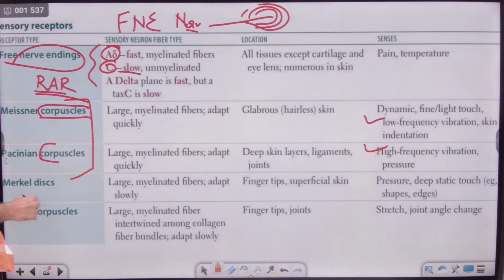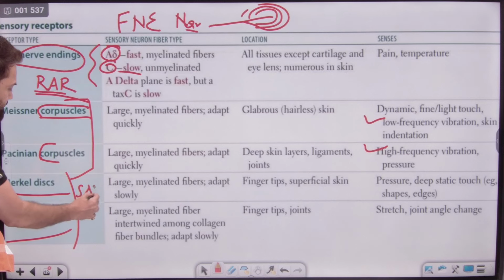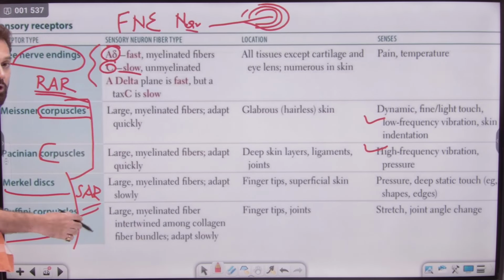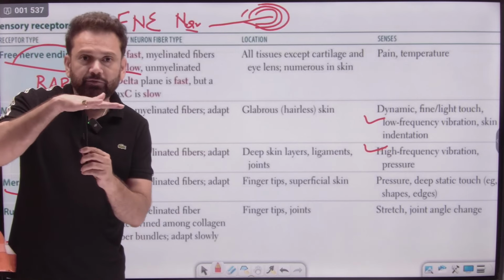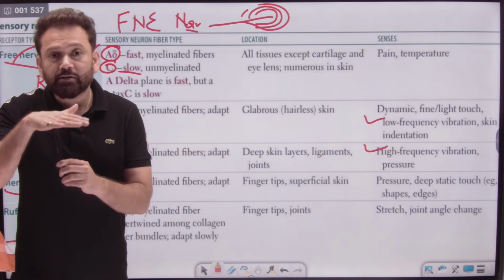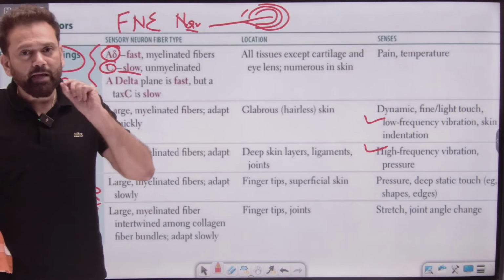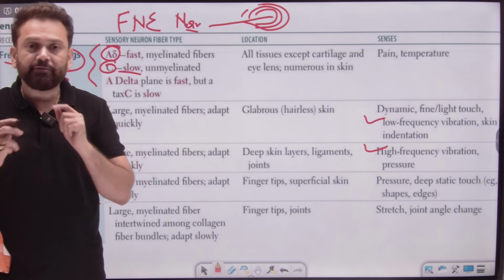Now Merkel disc and Ruffini corpuscles. These are called slow adapting receptors, or tonic receptors. For example, if your hand is on a knife, you will not adapt. It is very crucial, they continuously keep telling you that there is a knife.